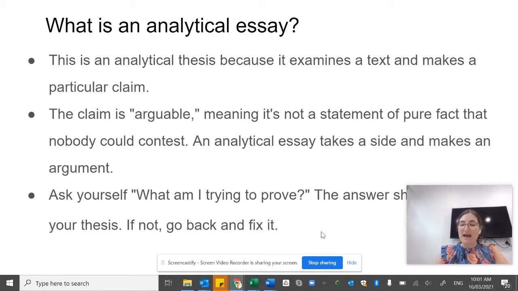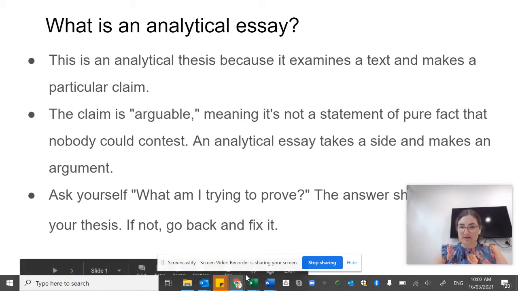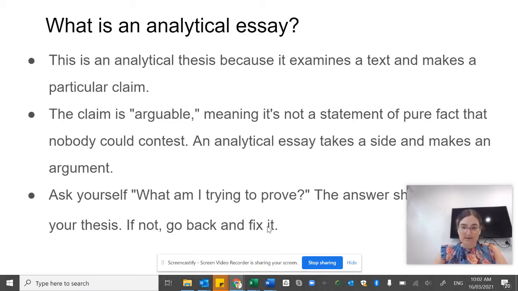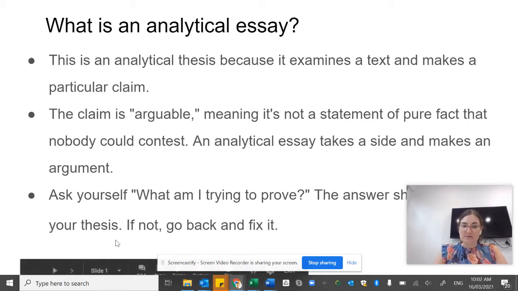You actually use the evidence to convince. So you need to ask yourself, what am I trying to prove here? And this is what's going to be your thesis statement. So you're trying to prove that, yes, there are hardships and challenges experienced by the characters, and this is what they are.